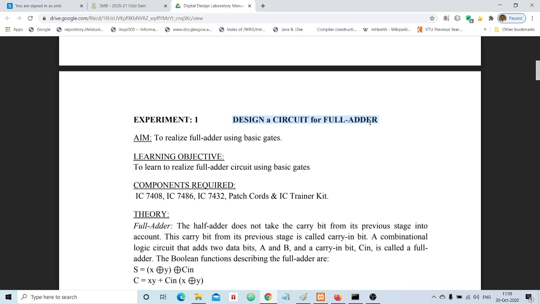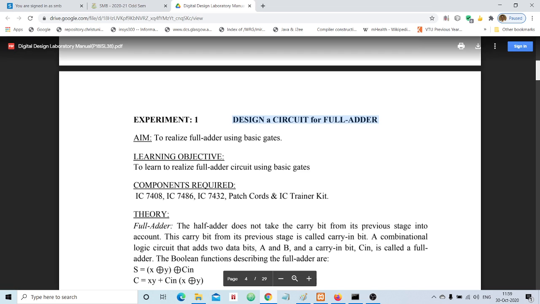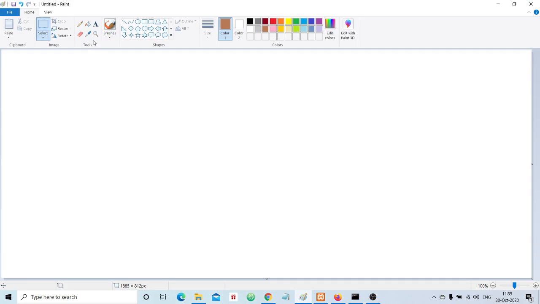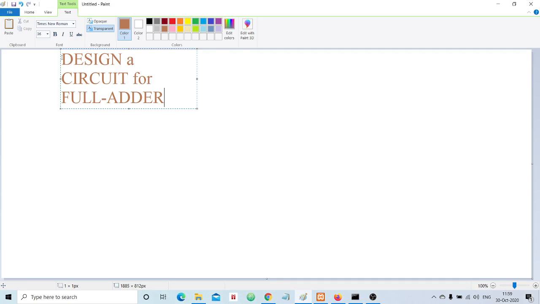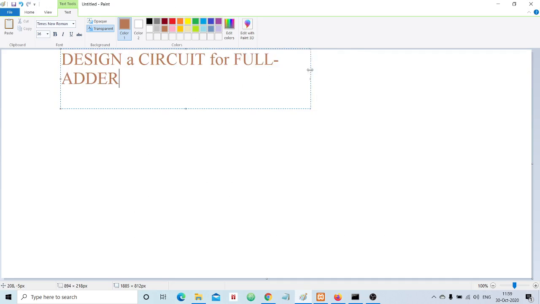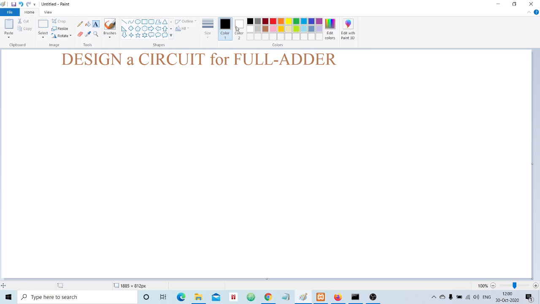The aim of this experiment is to design a circuit called full adder using basic gates, or to make it simple, using logic gates. Once again, the aim is to design a circuit for full adder using logic gates. Examples of logic gates are AND, OR, XOR, NOT, etc.